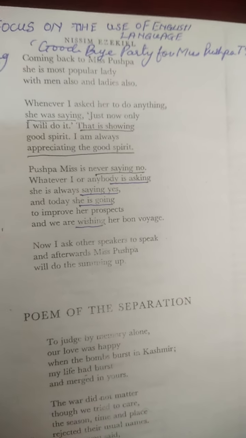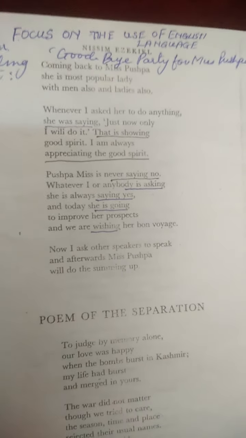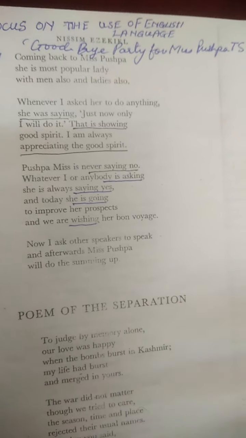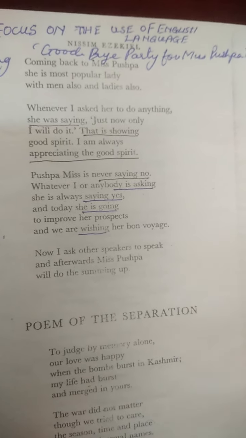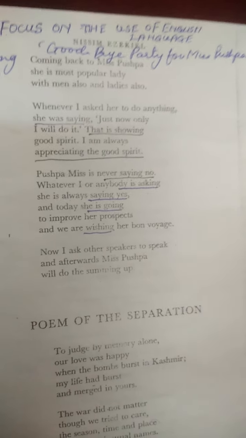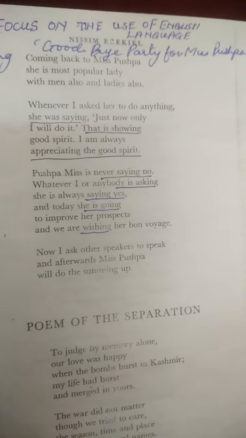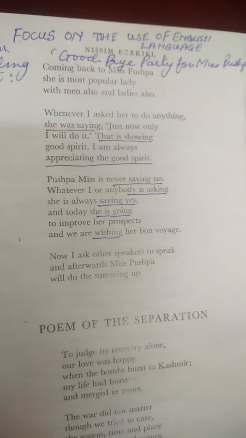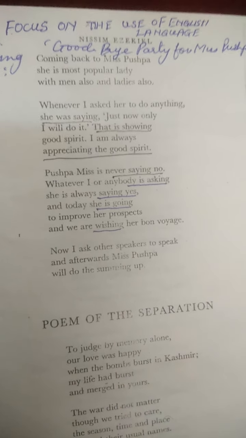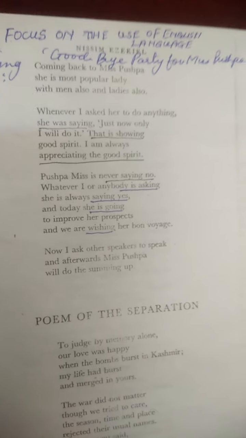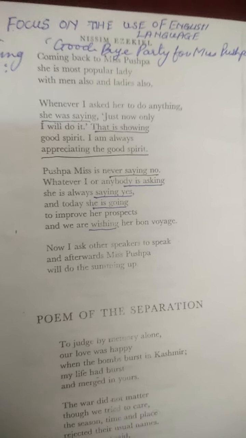This is not the point here. Now, what is the purpose of the poet? When you are studying a poem like this, Goodbye Party for Miss Pushpa, the pivotal point is the theme as well as the use of language. This is exactly the purpose of the poet.